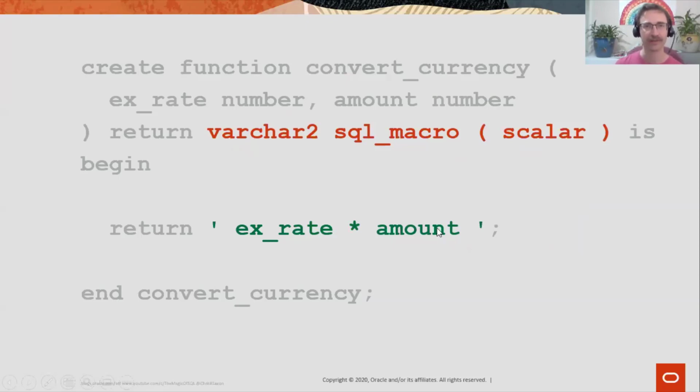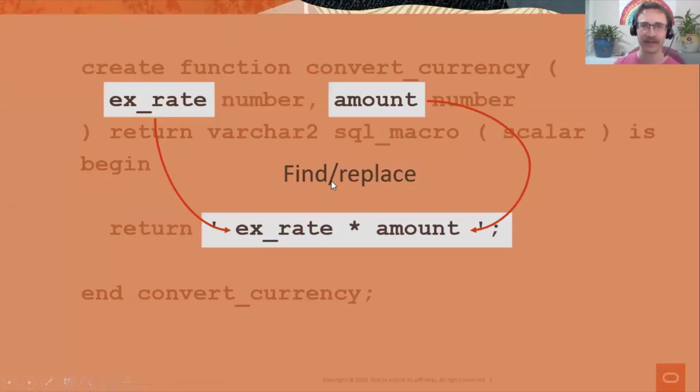What happens when we call this function is the database essentially makes this part of your SQL statement. It does that by taking the exact text of whatever you pass for the actual argument values and doing a find and replace of those within the string in the function.